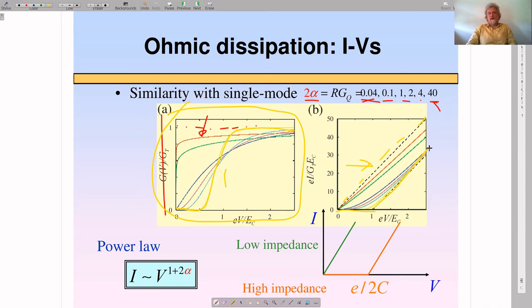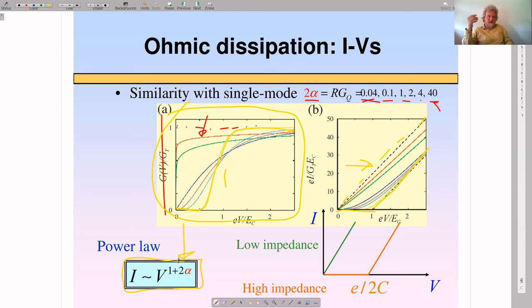The fact that P of E at small energies is a power law is manifested in the current like this. We didn't talk about temperature; this is for voltage bigger than temperature. But there is a strange anomalous power law between current and voltage in this case.